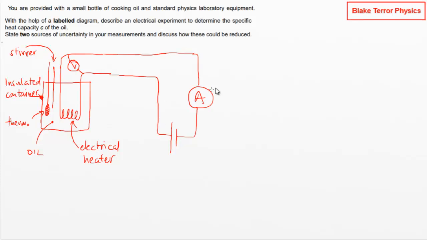That's looking pretty good. Now we need to say all the things that you're going to measure. So let's measure the mass of oil. We should put this into some kind of sentence.